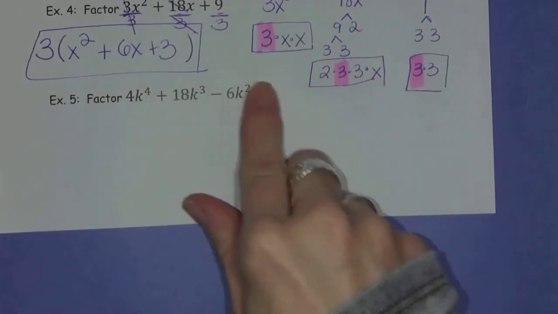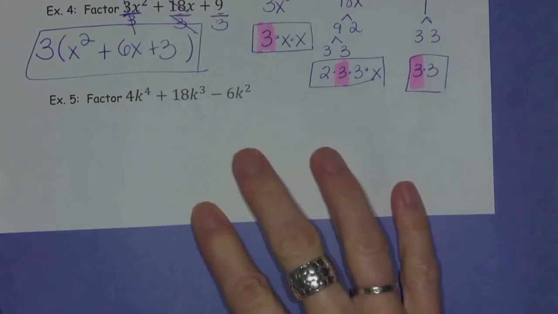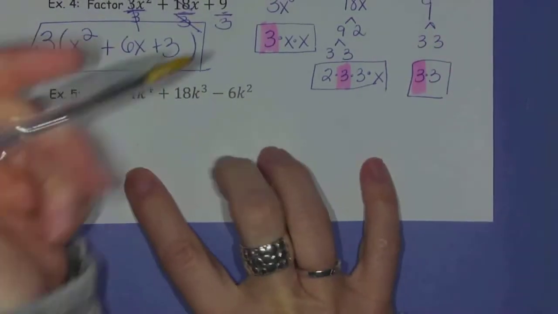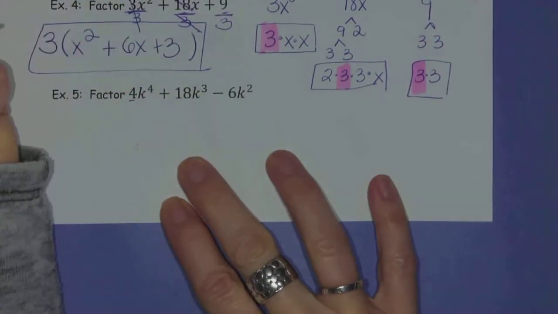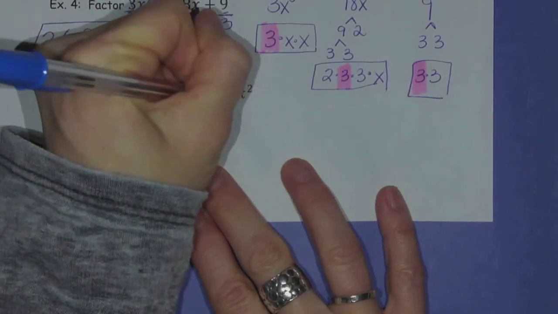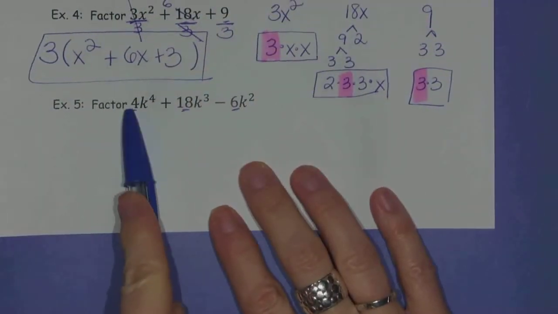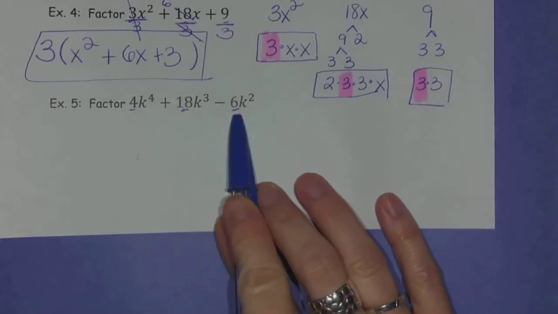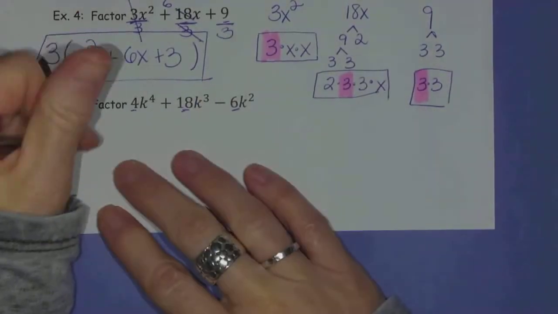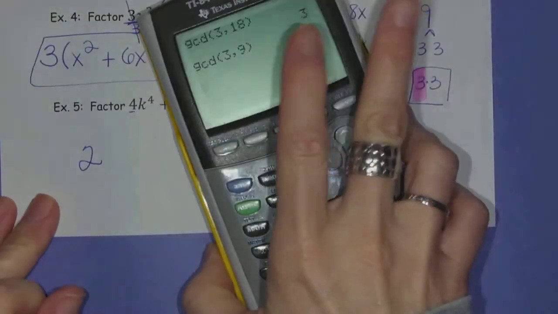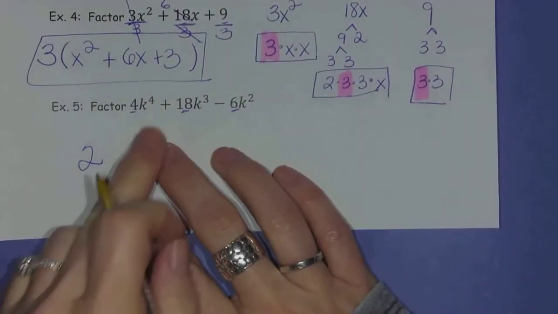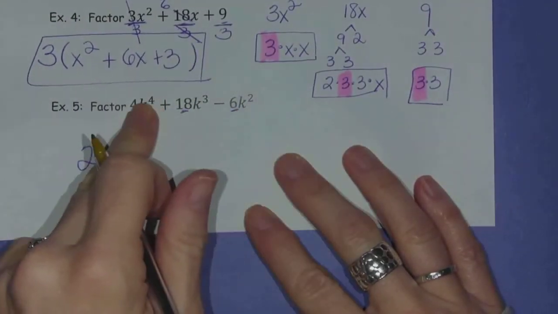Factor. And now we've got another trinomial with some k's in it. So let's grab the numerical part. Let's compare a 4 to an 18 to a 6. The biggest number that goes into 4, 18, and 6 would have to be 2. Double check me here if you want to. How many k's do they have in common?